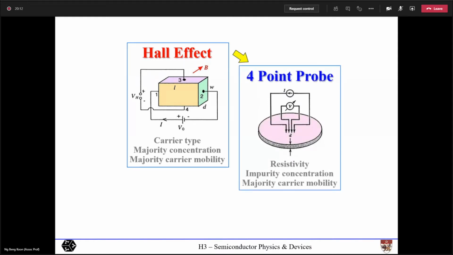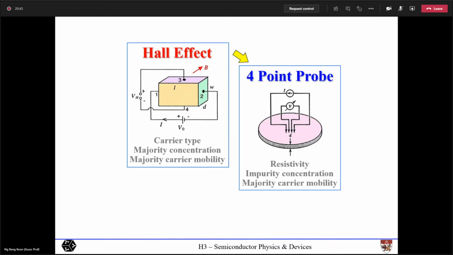The other characterization technique that's commonly used is the 4-point probe technique, which is effectively a resistance measurement technique. And we talked about why we don't use the conventional 2-point probe measurement to measure resistance of a semiconductor. The bottom line is that in those measurements, you have some unwanted resistance that would distort your measurement.